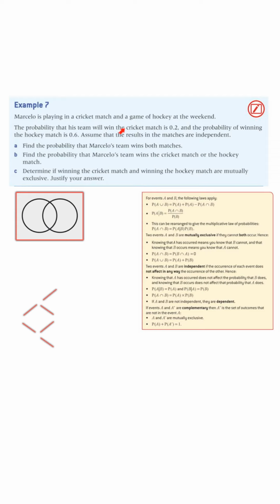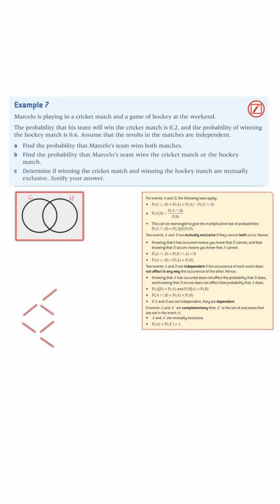It says the probability this team will win the cricket match is 0.2 and the probability of winning the hockey match is 0.6. So this is only the winning events here, winning the cricket match and winning the hockey match. Okay, so we could write that in. Let's just write that this one here is the cricket match and this one is the hockey match.